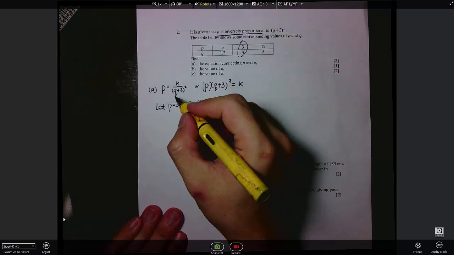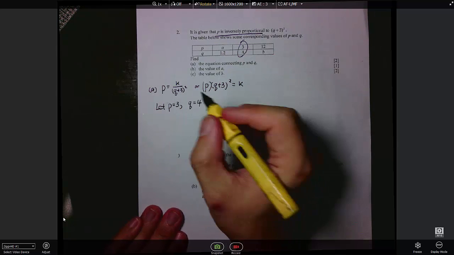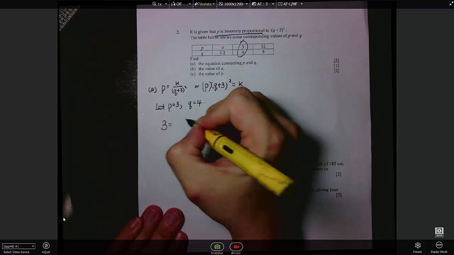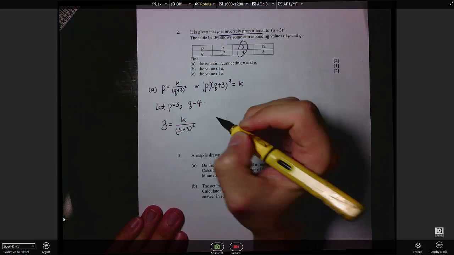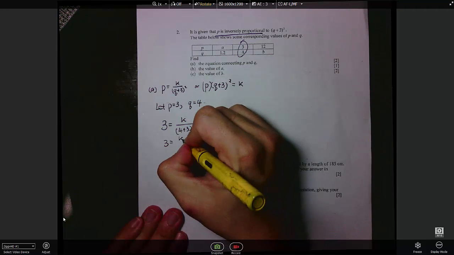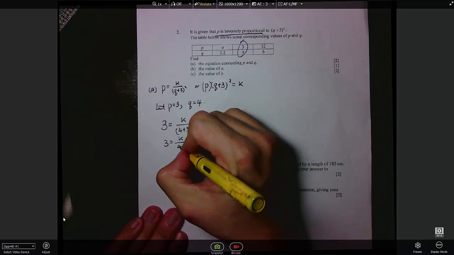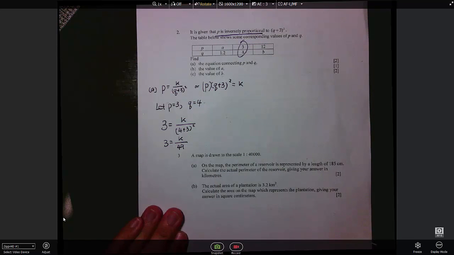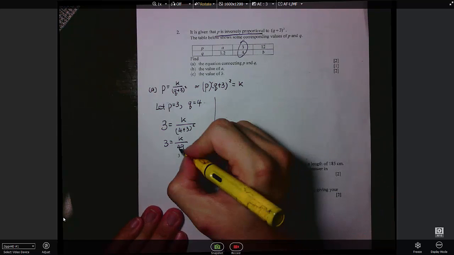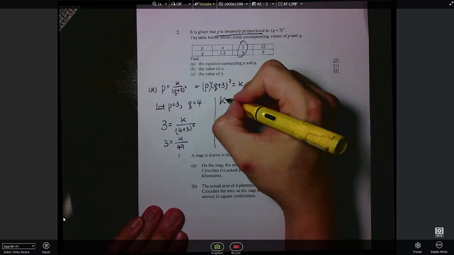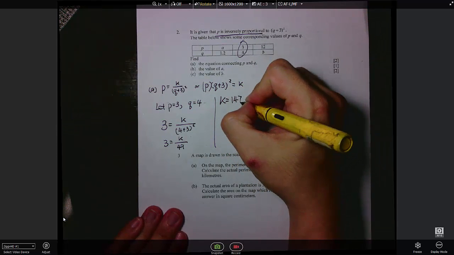I will work from this equation. So 3 equals to k over 4 plus 3 square. 3 equals to k over 7 square, which is 49. Okay, you multiply both sides by 49. Your k value is 147.